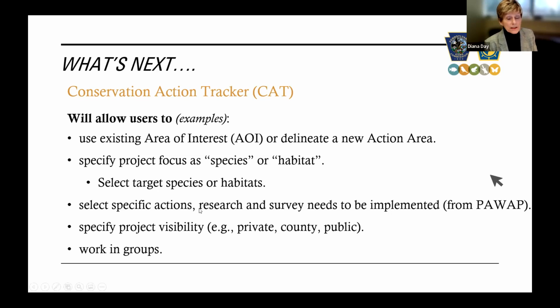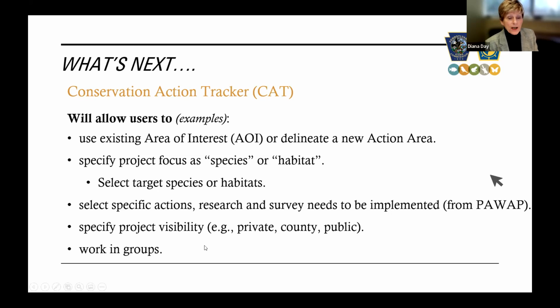Then you will be able to select specific actions and research and survey needs, and these are from the Wildlife Action Plan, so that as the users select these, we will be able then to document which actions are being implemented or are being planned for work.